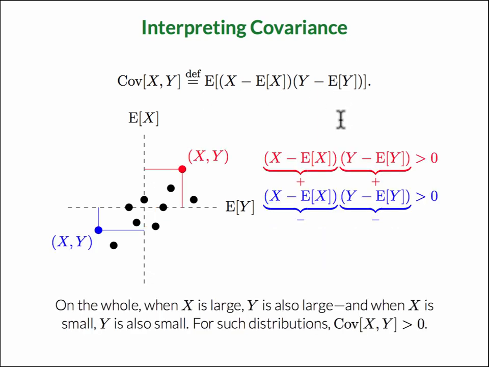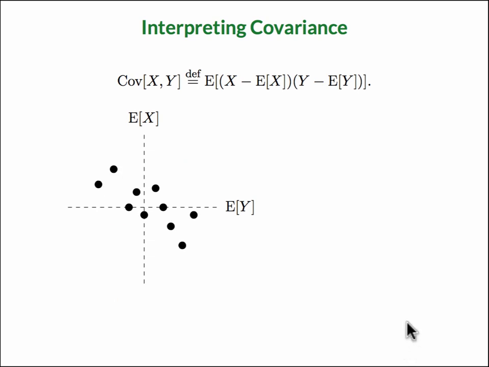But on the whole, when X is large, Y will also be large, and when X is small, Y also tends to be small. If two variables tend to move together like this, they will end up having a positive covariance, a covariance greater than 0. Now let's look at another possible relationship between X and Y.